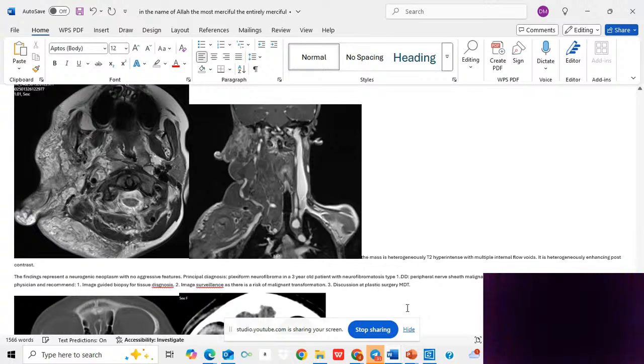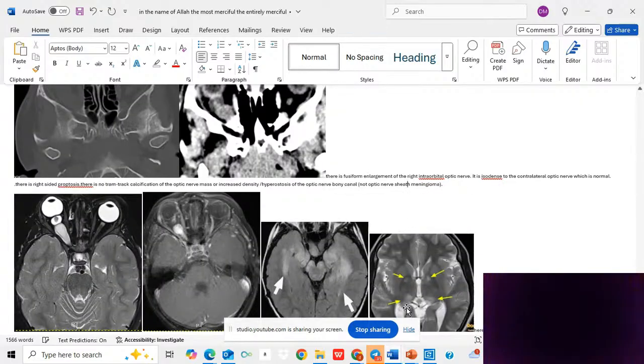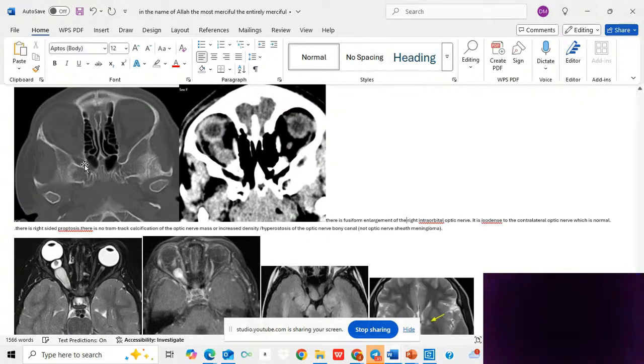Okay, this is the next case. Another case of NF1. These are the axial CT scans, bone window and soft tissue window, of the brain showing a fusiform enlargement of the right intraorbital optic nerve.